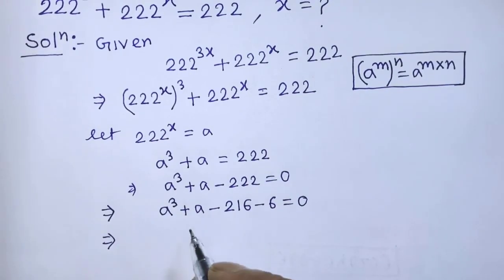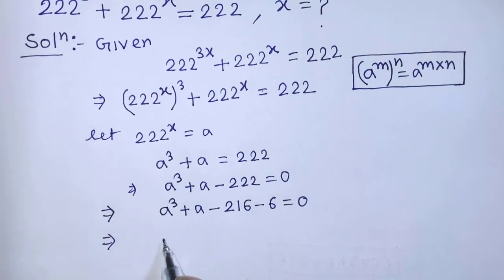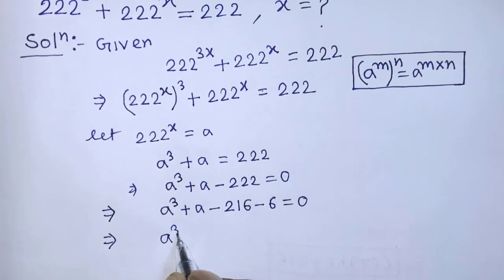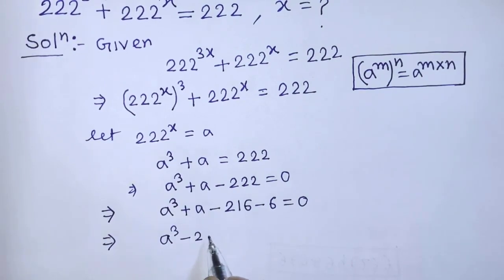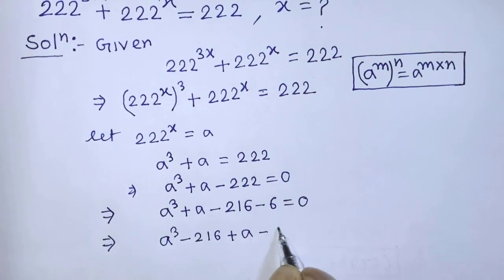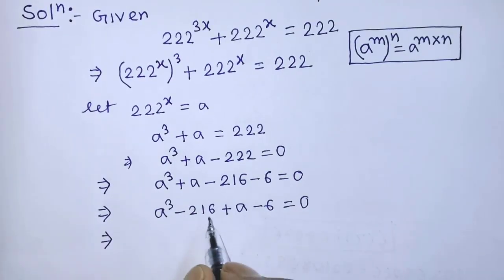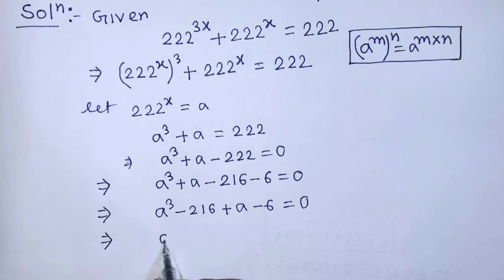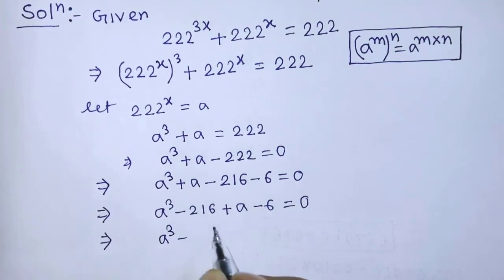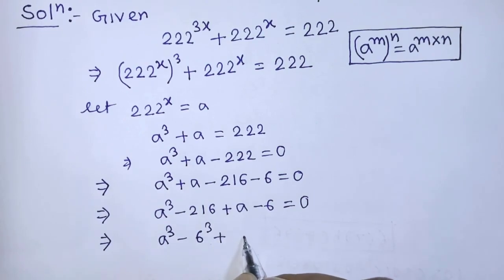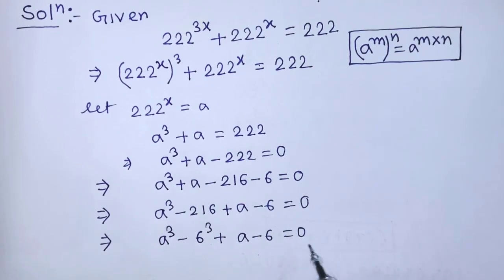After that, our next step will be a^3 - 216 + a - 6 = 0. Then from the first two terms, a^3 - 6^3, plus again we have to write a - 6 = 0.